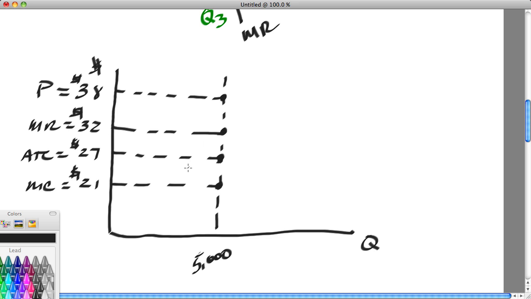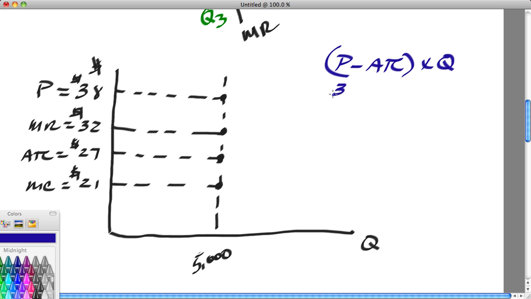Now, let's think about this a second. Before I start drawing this, let's think about some things. Is this firm profitable? Is this firm profitable? What do you think? Well, it is. Price minus ATC times Q is going to tell us the profit or the loss.